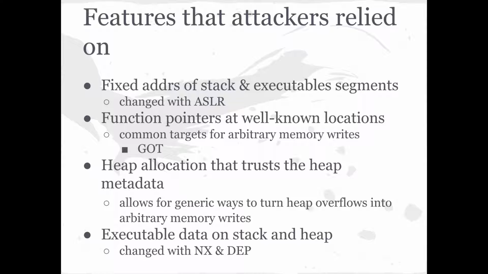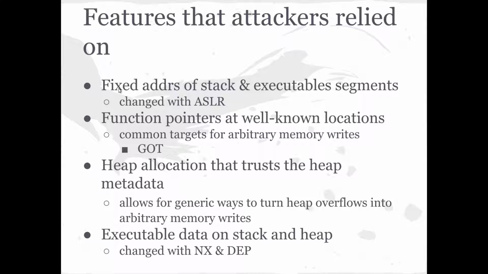At least on a conceptual level, you should be familiar with the features that attackers relied on that were attacked by exploit mitigations. For shellcode and classic payloads, the nature of relying on fixed addresses of stack and executable segments was changed with address space layout randomization.